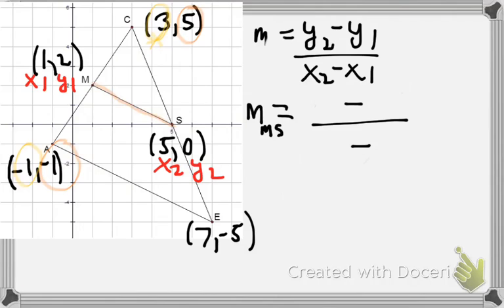And then all we have to do is dump in our numbers. Our Y2 is 0. Our Y1 is 2. Our X2 is 5. Our X1 is 1. We're going to get -2 over 4, which, if you reduce it, is -1/2.